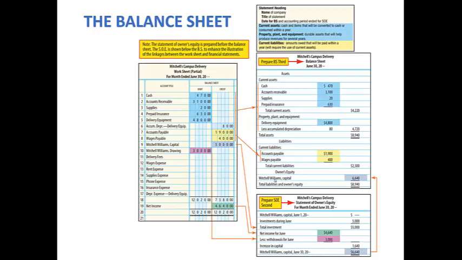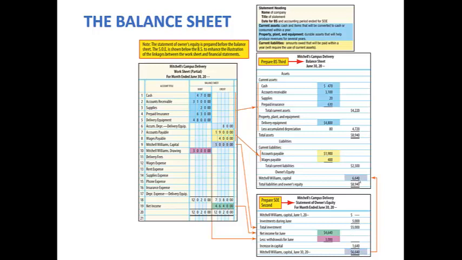And then the owner's capital. We can't pull the capital figure directly from the worksheet because this is an old and outdated figure. Remember, we updated that with the statement of owner's equity. So we know that the ending capital is $66.40.